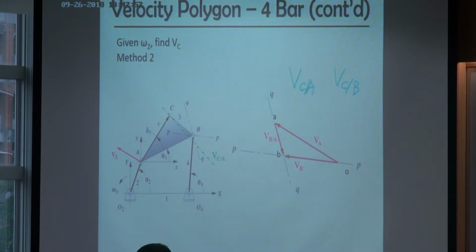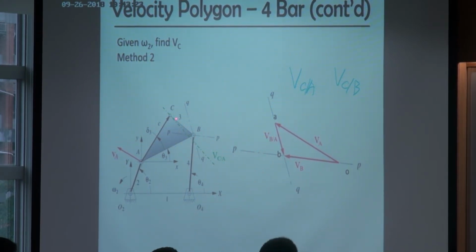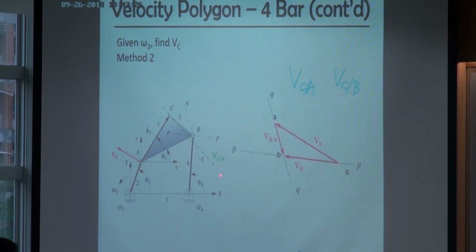Okay, so let's do VCA first. It's already shown here. What would be the direction of VCA? The direction of VCA is going to be perpendicular to the line CA. So we already know the direction of VCA is this direction, this green line. We don't know the magnitude yet, but we know the direction.